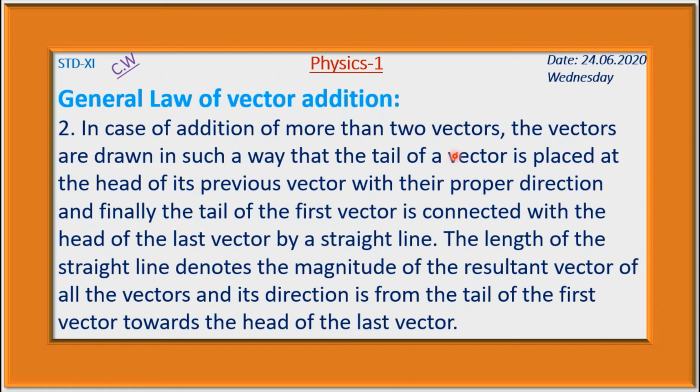Then the head of the second vector is connected with the tail of the next vector, and in this way finally we have to connect the tail of the first vector with the head of the last vector, and this straight line will express the magnitude and direction of the resultant vector.